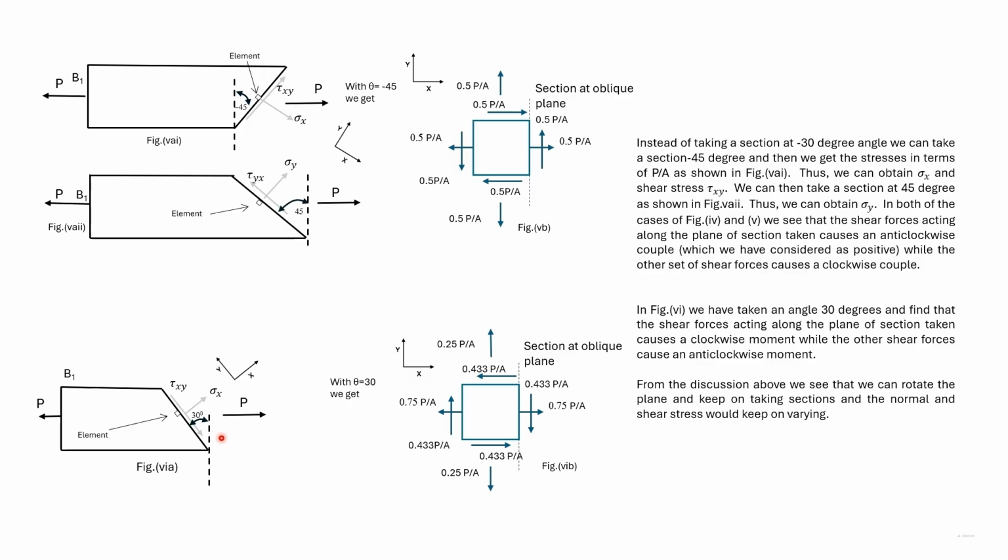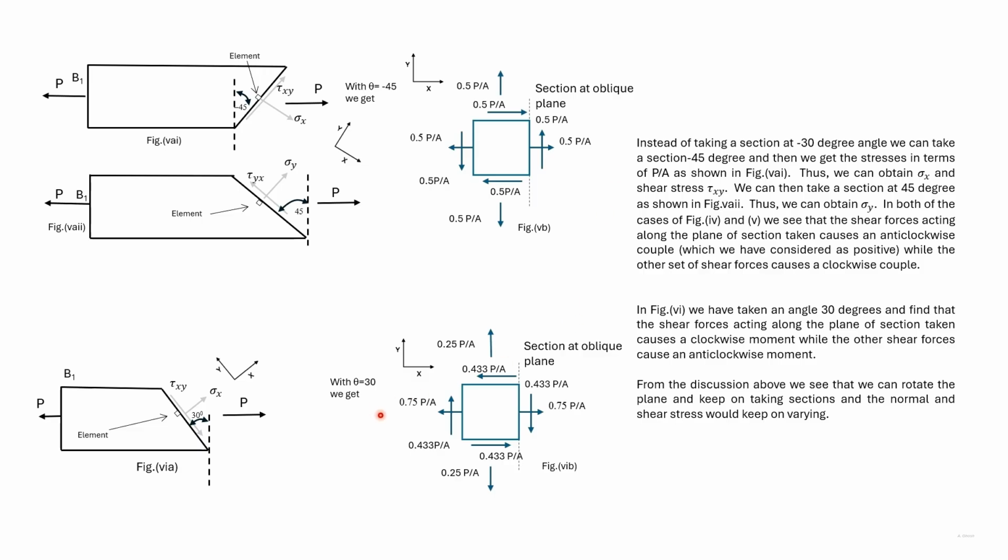This is another case, but here we have taken a positive angle. So the angle is anti-clockwise 30 degrees to the vertical. Here we get a shear stress which is in the opposite direction of the earlier two cases.